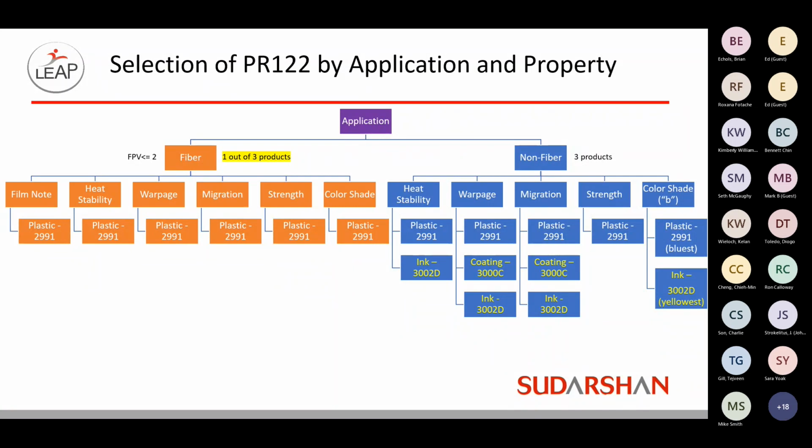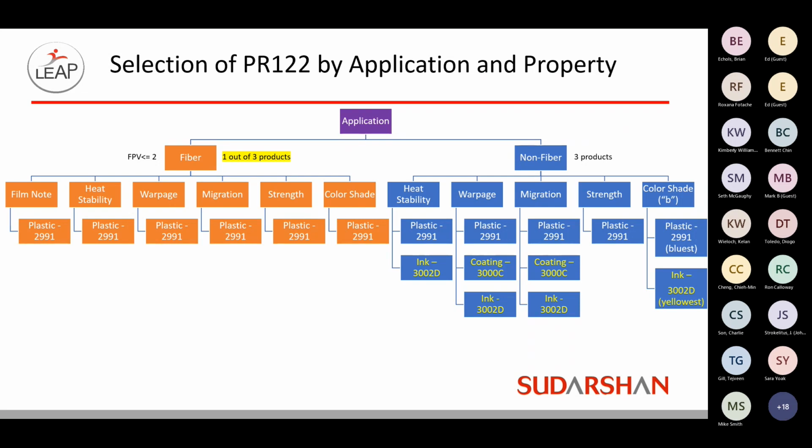So the first question to ask yourself is, what is the application? If it's fiber, really there's only one choice out of the 3 products that we included, and that's the plastics grade. However, if you have non-fiber applications, all 3 products will fit this particular need.